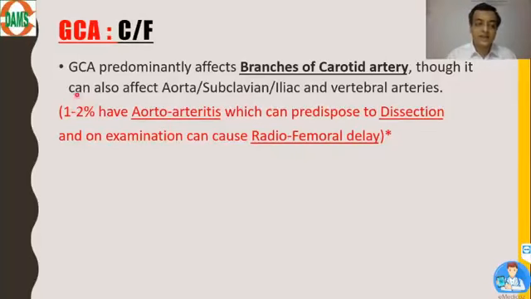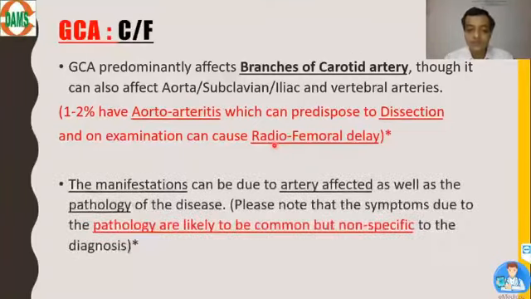You can see here only 1 to 2% have aortoarteritis, which can lead to dissection and narrowing of the lumen, which can cause the sign radiofemoral delay. These signs we will discuss under cardiovascular system.